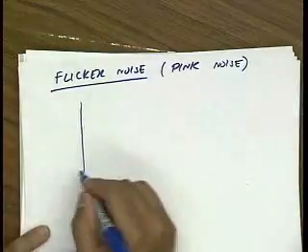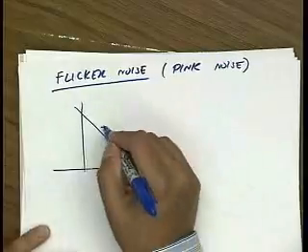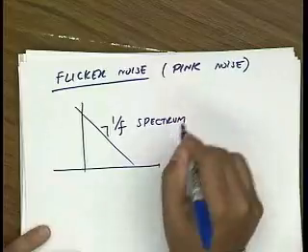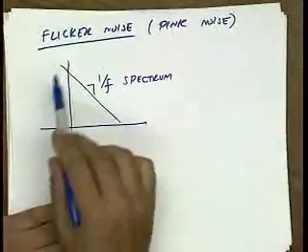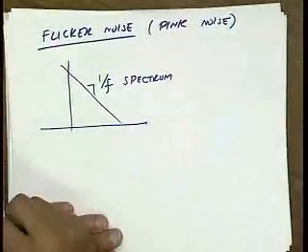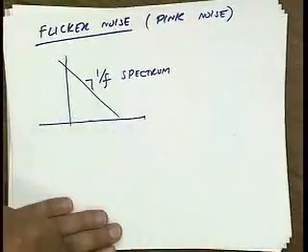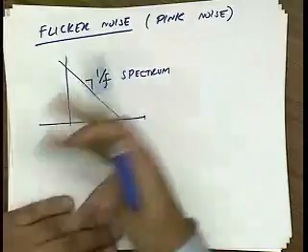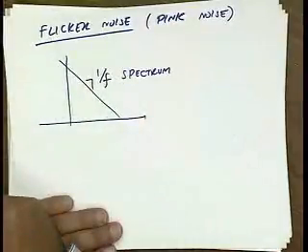Well, flicker noise, most flicker noise has a 1 over f spectrum. So in fact, most of the noise power is at very low frequencies because it's rolling off like 1 over f. And so this noise source is very self-correlated, very different from thermal noise, which is completely independent from itself.